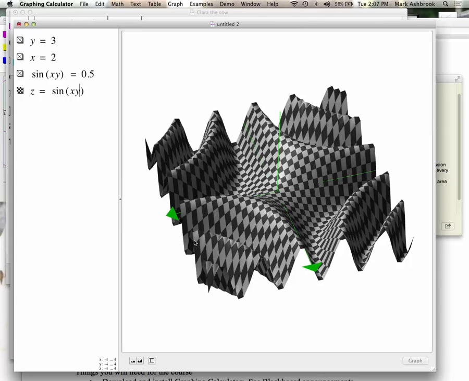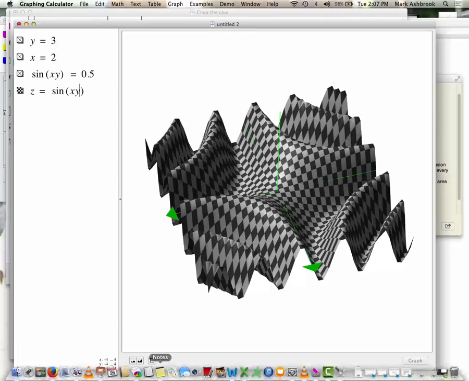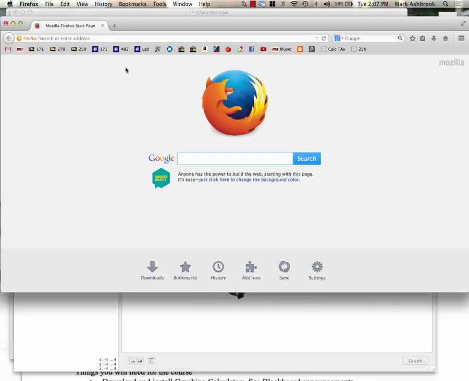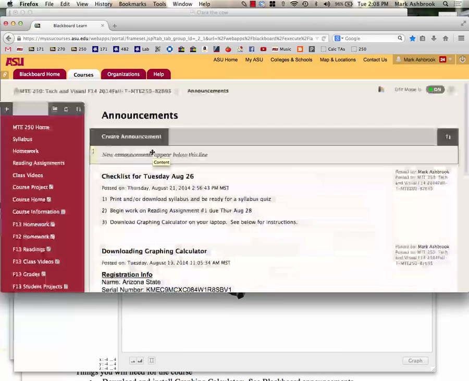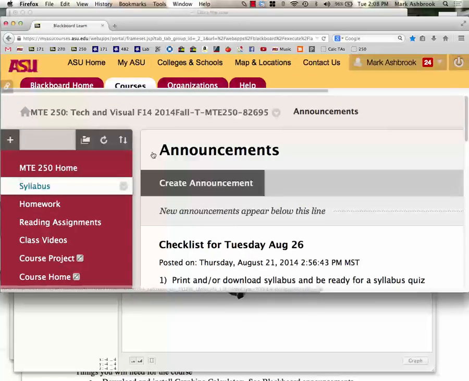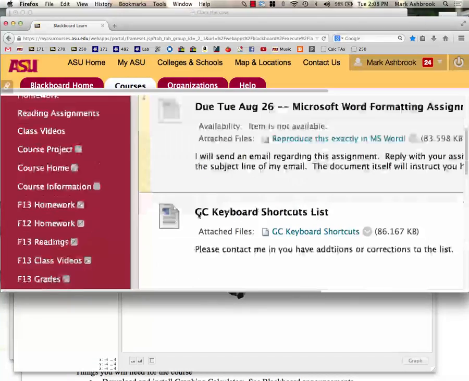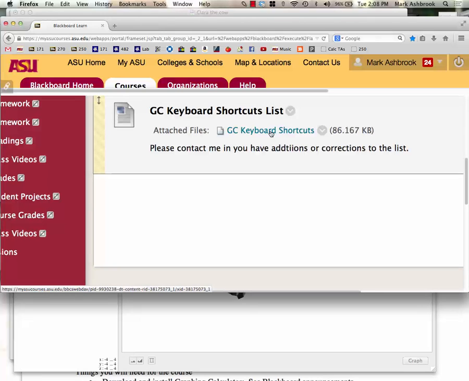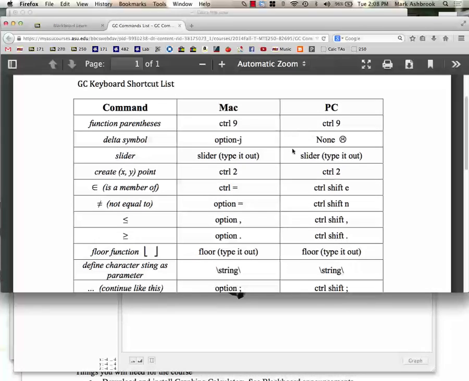Let's see if I can find that. Right now it's in homework, but I'll probably make a new menu item over here. We've started a shortcuts list for calculus, so I'm going to put that there as well, with Command for Mac and for PC.